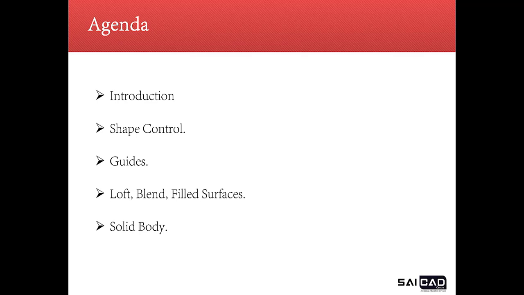Then we can also create the motion study, we can simulate the product, we can analyze the product for the structure or thermal, and we can also create the drafting of that product. So in this session we are going to cover SolidWorks surface tools.